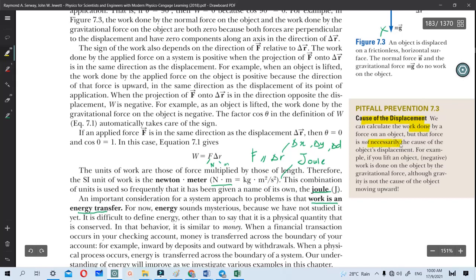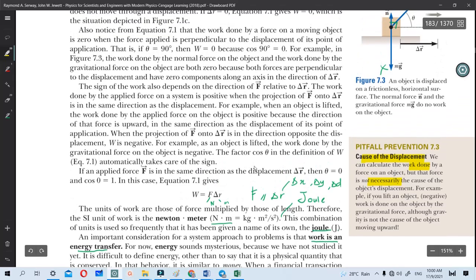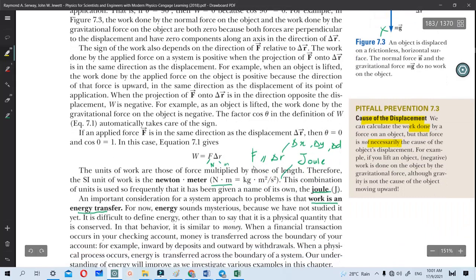Yet that force is not necessarily the cause of the object's displacement. I did mention earlier that work can be calculated, number one, as force times displacement, and they must be parallel; the unit is Joule; and this is the responsible factor for why energy changes.